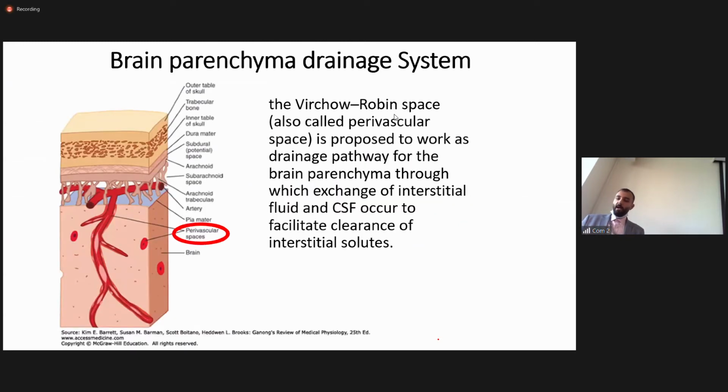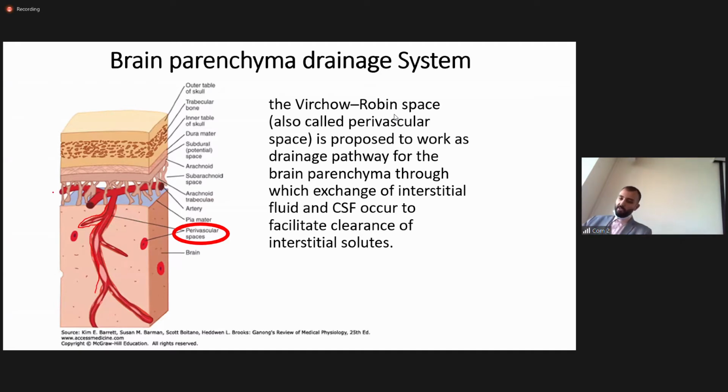Now you may ask, okay, so how does the exchange of the interstitial fluid with CSF occur? It's still a controversial area, and there are a lot of hypotheses. But one of them suggests that, as you can see here, we have arteries that go deep into the brain parenchyma. Surrounding these arteries, we have the pia mater, right?